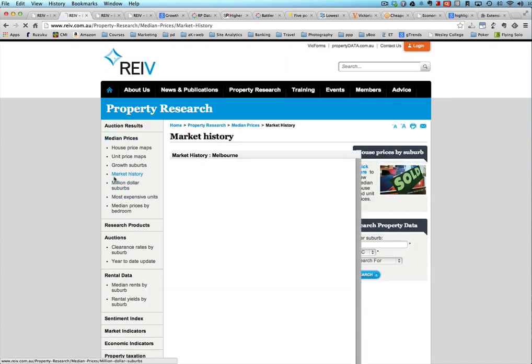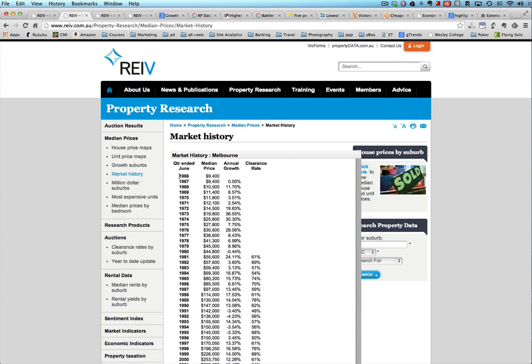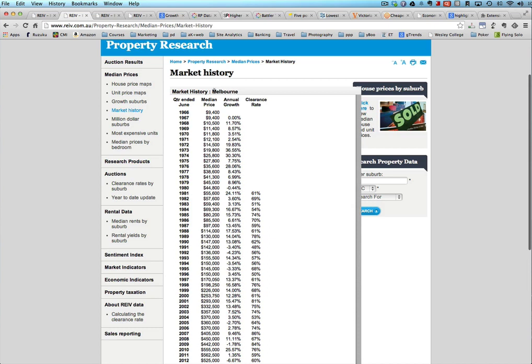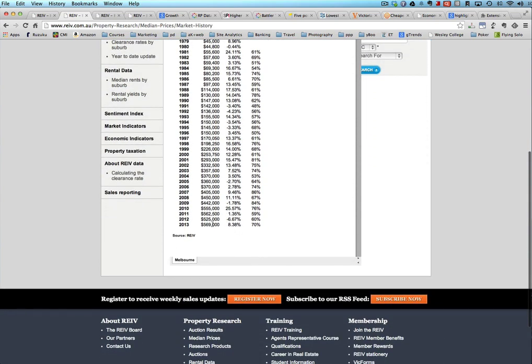It also has a section which talks about market history, goes back to 1966, and then it talks about market history of Melbourne. So you've got median price and annual growth and all that, and you go back to when the GFC hit, and you can see that it was up 11.11, and suddenly in 2009 after the GFC hit, the growth was negative 1.78.